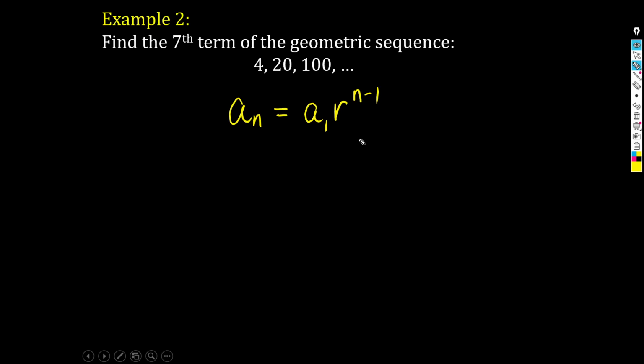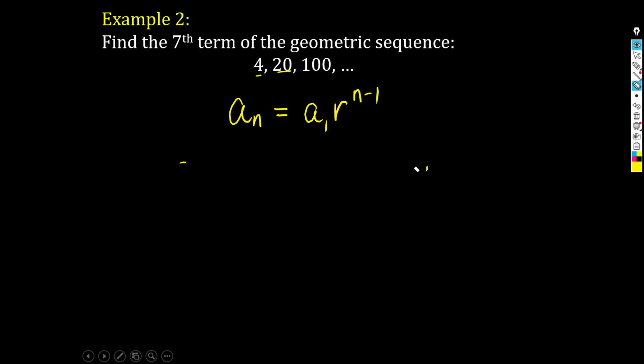Yan yung formula natin. In this case, what do I know? I know that a sub 1, the first term, is 4. I can easily determine r by dividing 20 by 4. That's 5. Now, what I'm looking for is a sub 7, the 7th term. Okay? So, let's plug in to our equation the information that we know.